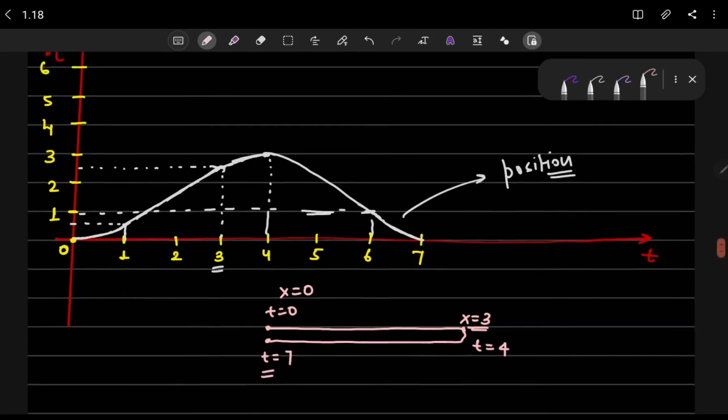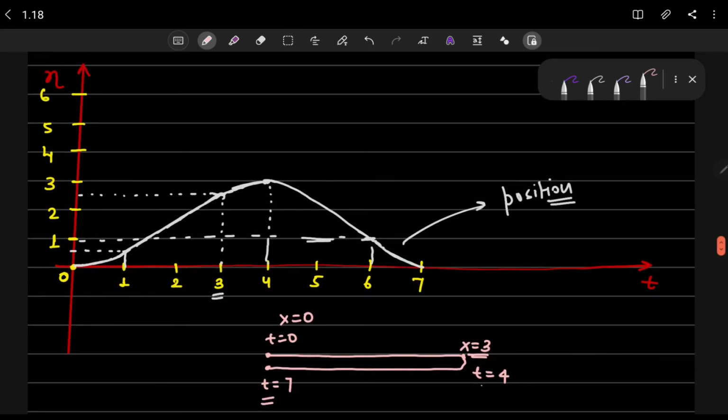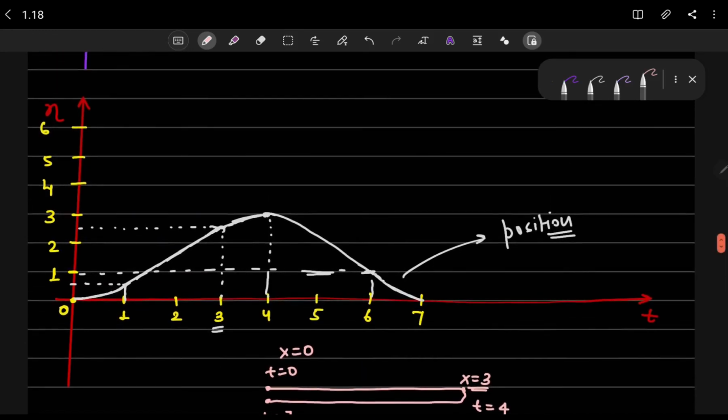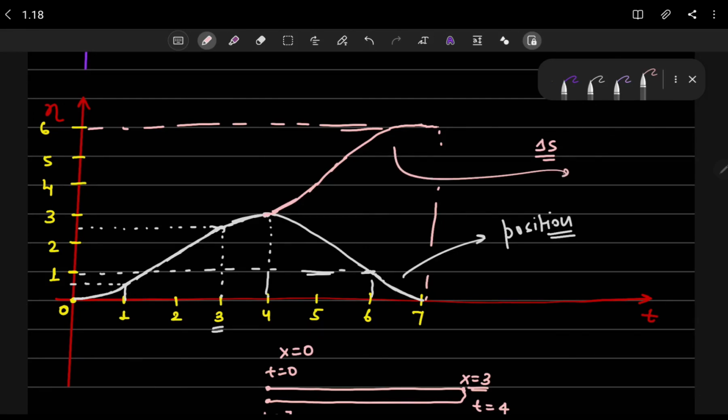Okay, so that's why after t is equal to 4 seconds, the graph will increase in the upward direction, and the value it will go to, we can find out by adding all the delta s after this particular location. Okay, so this is the graph for the distance.